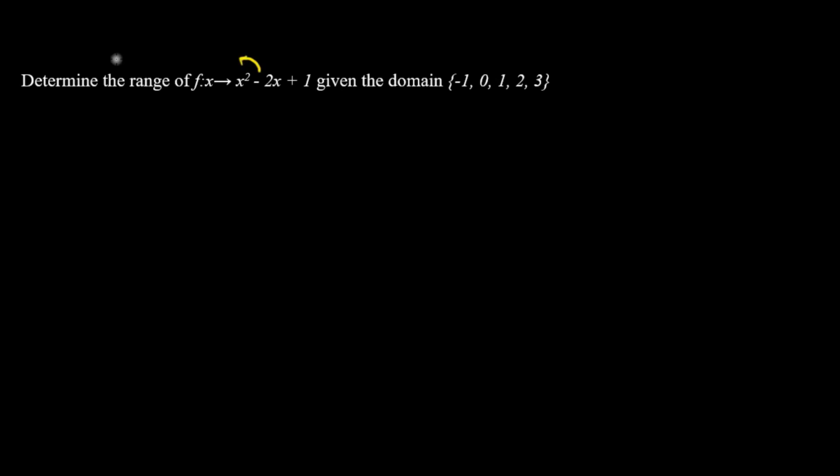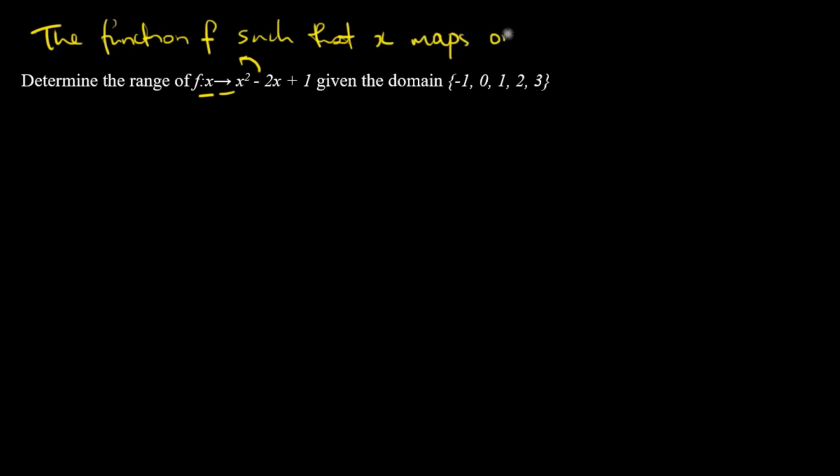So what it's saying here is that we want to determine the range: f maps x onto x squared minus 2x plus 1.